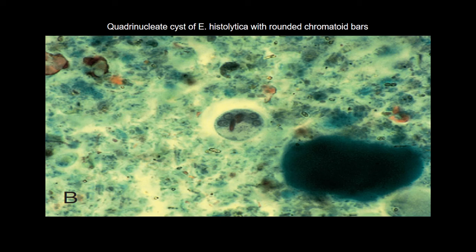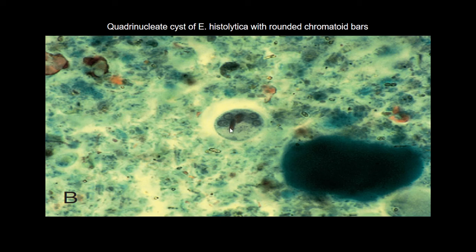The only meaning, if you have in a stool analysis the non-pathogenic amoebas, is that this patient has been exposed to fecal material, as simple as that. So Entamoeba coli and the other non-pathogenic amoebas are only an indication that the patient got exposed to fecal material that contains those non-pathogens.